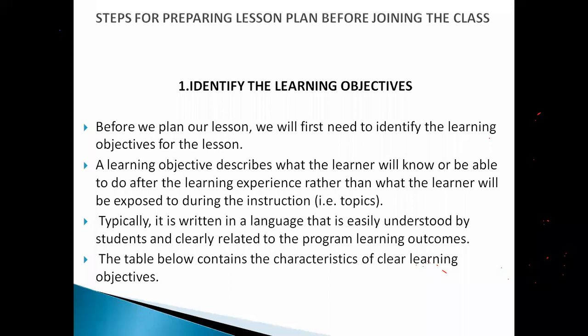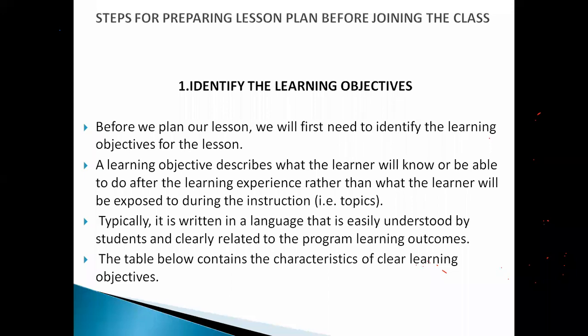Typically, it is written in a language that is easily understood by students and clearly related to the program learning outcomes. It is basically in written form and must be easily understood by the students.